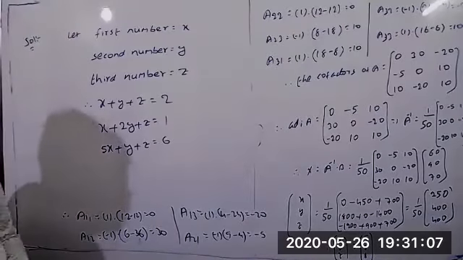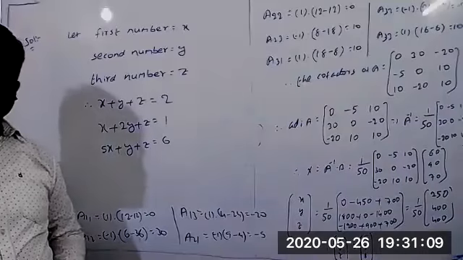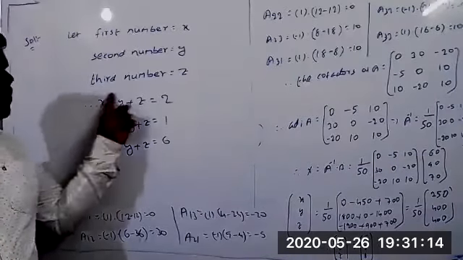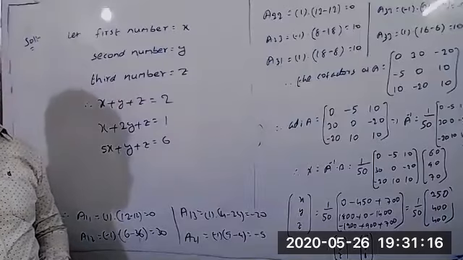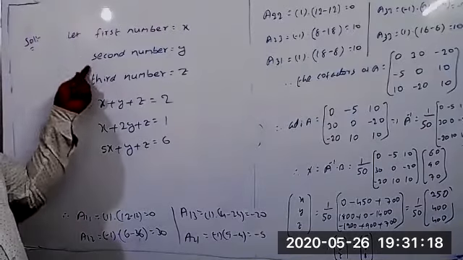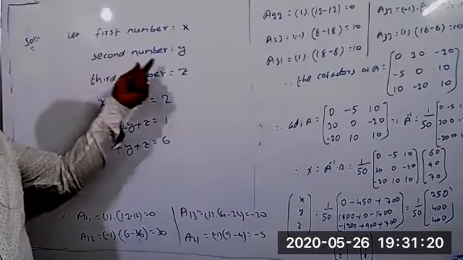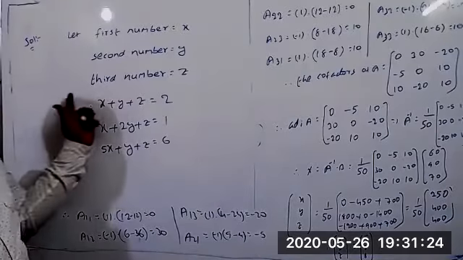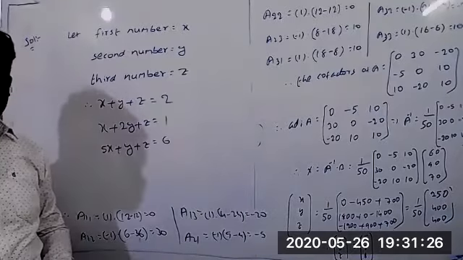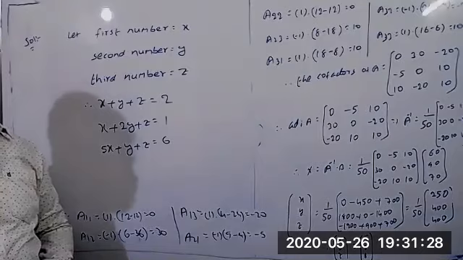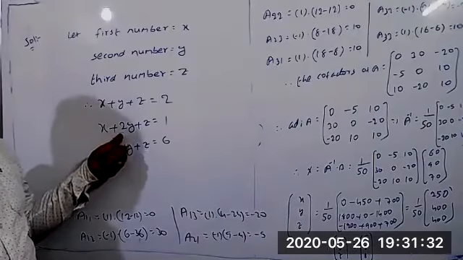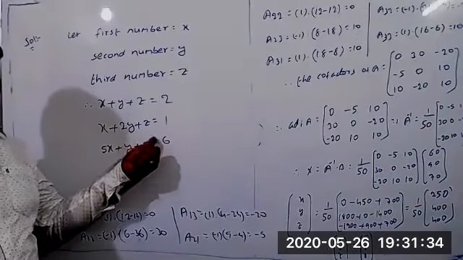If you want more clarity, before writing these three equations, write the statement clearly. Let first number equal to x, second number equal to y, and third number equal to z. Therefore, sum of three numbers equal to 2. Then write the equation. Next, twice the second number added to the first and third number is 1.